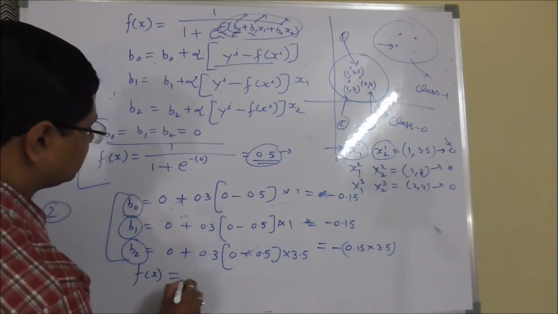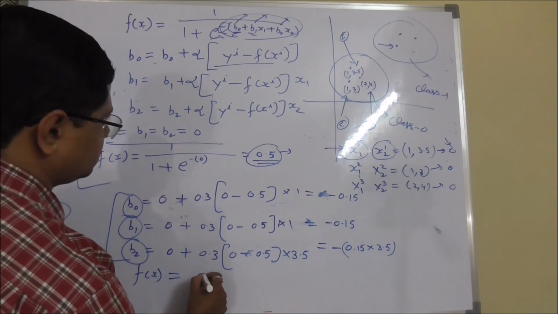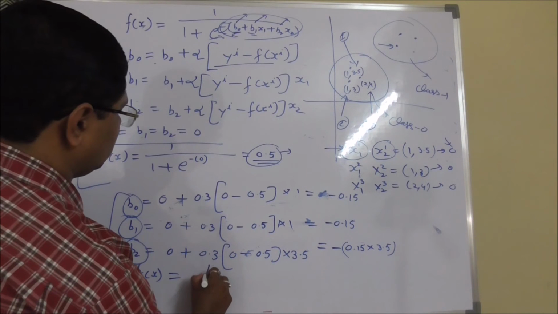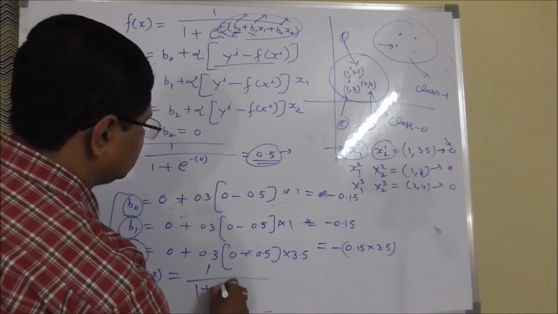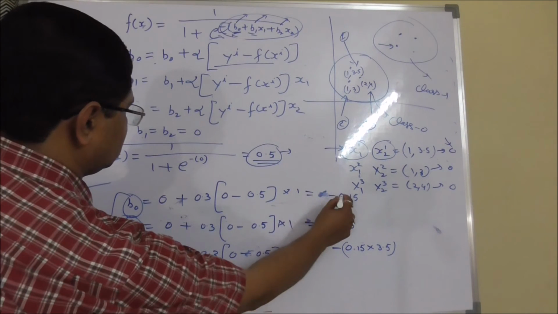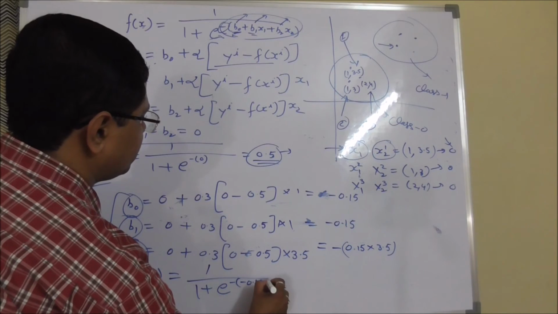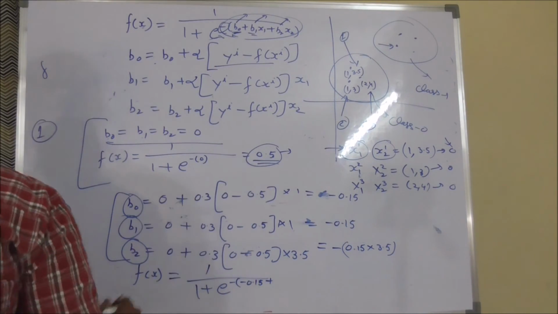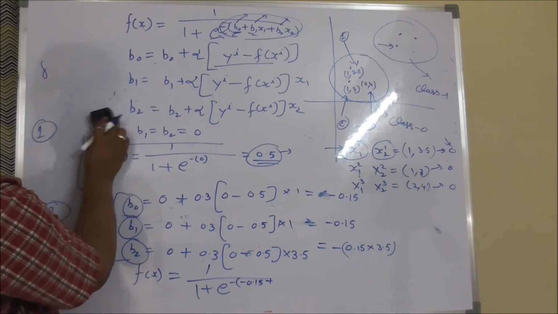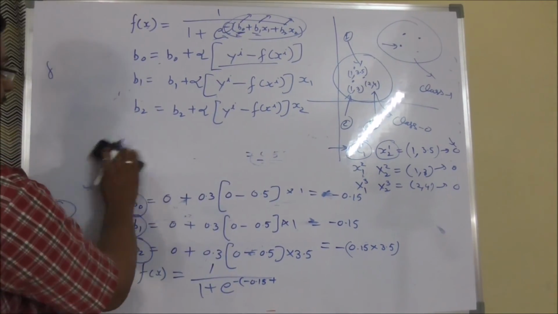The value of fx will be equal to 1 divided by 1 plus e to the power minus b0, which is equal to minus 0.15 plus, okay, we can write it here, just deleting it because of lack of space.